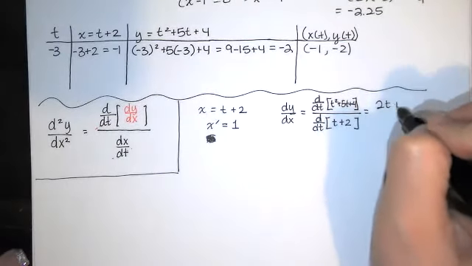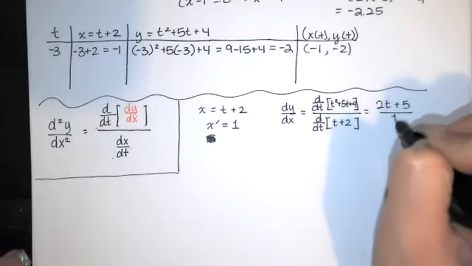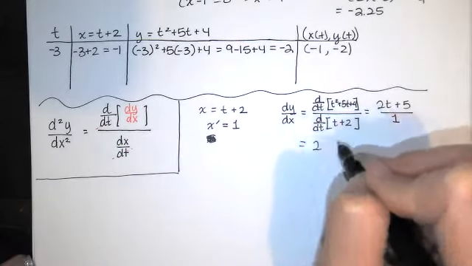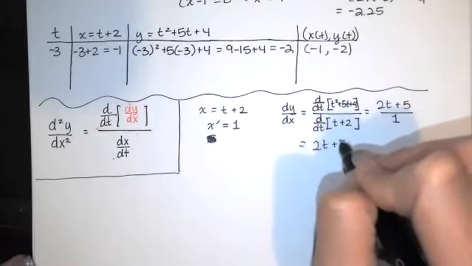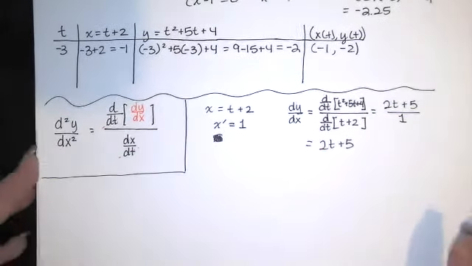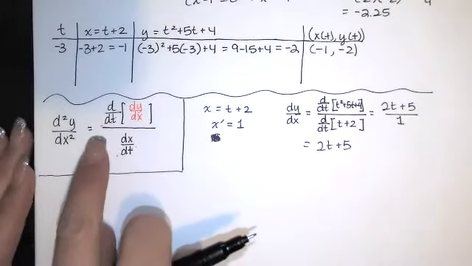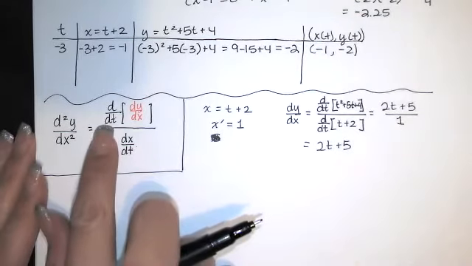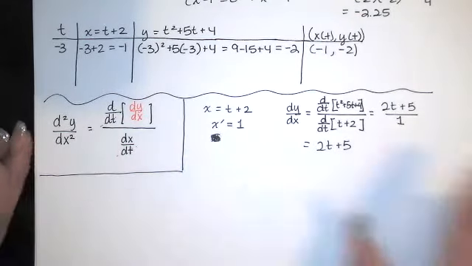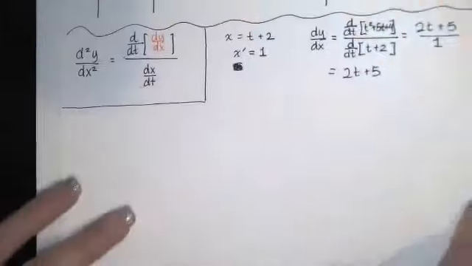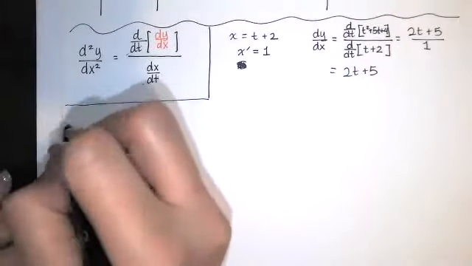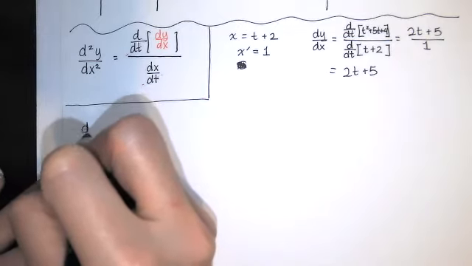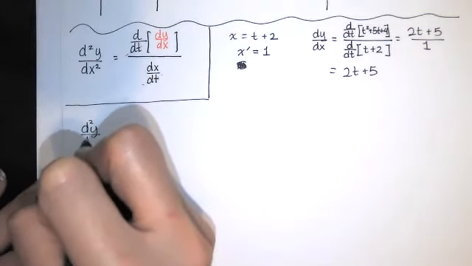Okay, so we have all that. Earlier we did this and we got 2t plus 5 over 1. And so I've got the derivative of y with respect to x as a function of the parameter. Okay, so according to this, I'm supposed to take this answer and take its derivative with respect to t, and then divide by dx dt, which is the same as x prime.